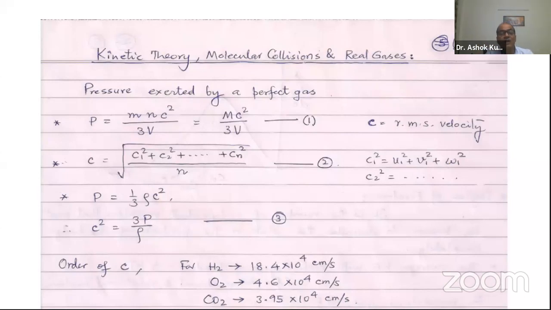These molecules are enormous in number. They are randomly moving in all possible directions. They never stop; they are always in motion. During this motion, they collide with each other, and when they collide, they change their direction and speed as well. That means change in velocity is also there. In this process, they collide with the wall of the container, and they impart momentum to the wall.